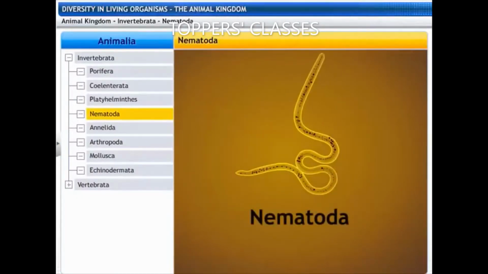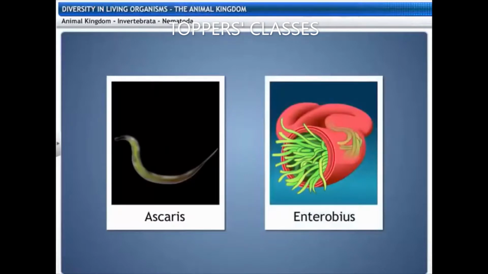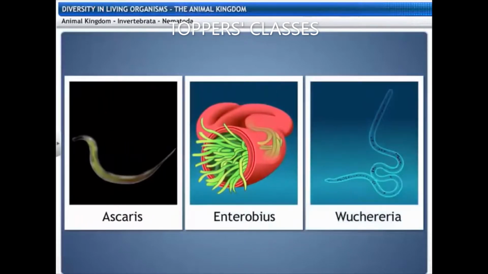Nematoda get their name from 2 Greek words, nema, which means thread, and eidos, which means like. The phylum Nematoda includes Ascaris, Enterobius, and Wuchereria.